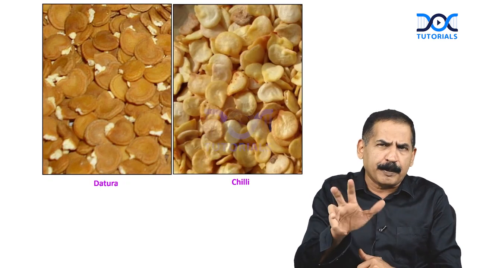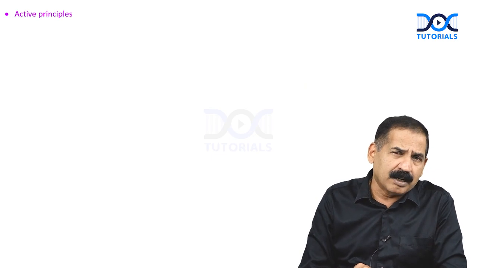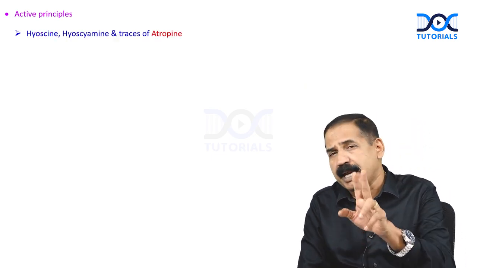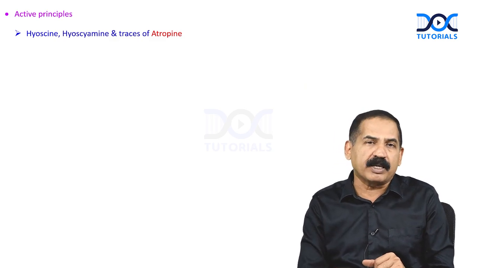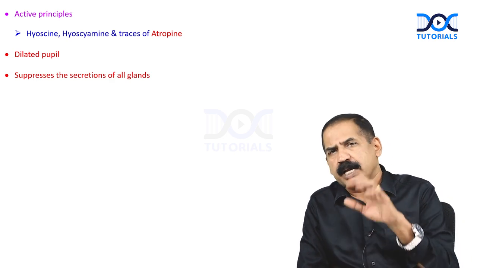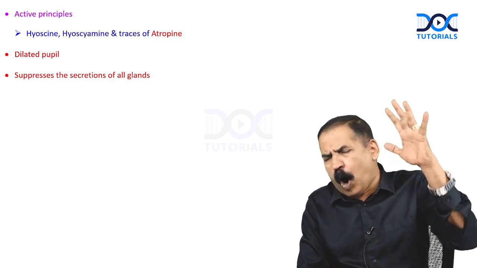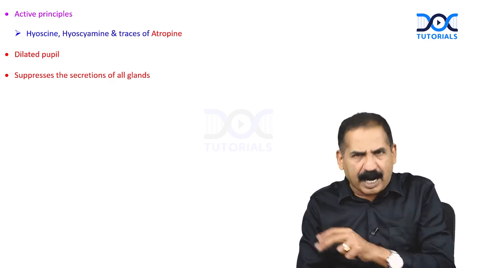The seeds mimic chili seeds. The active principles are hyoscine, hyoscyamine and traces of atropine. It gives rise to dilatation of the pupil and suppresses the secretion of all the glands.